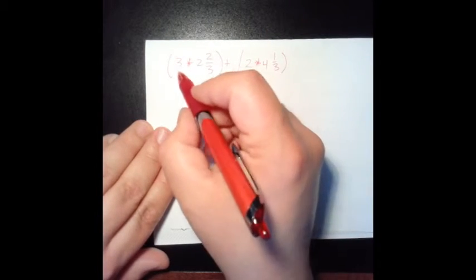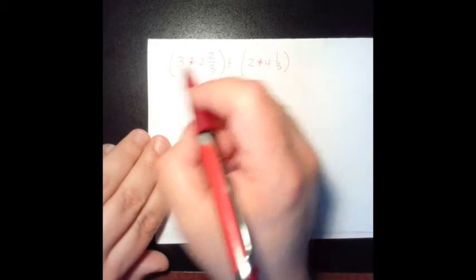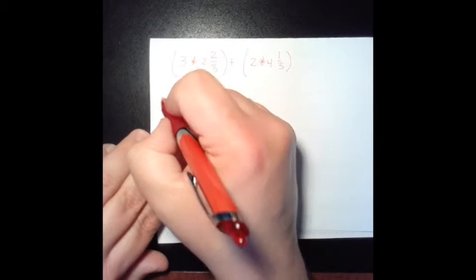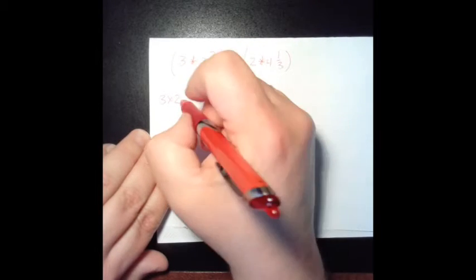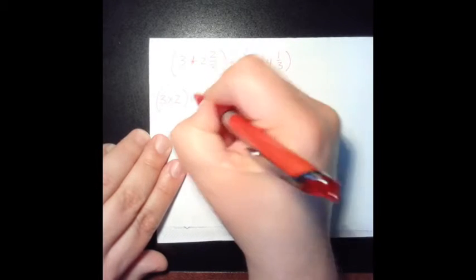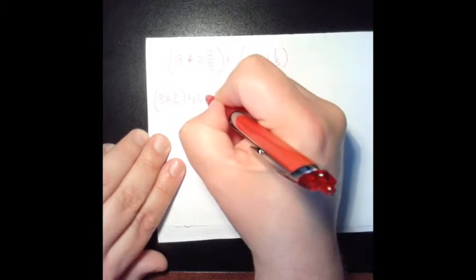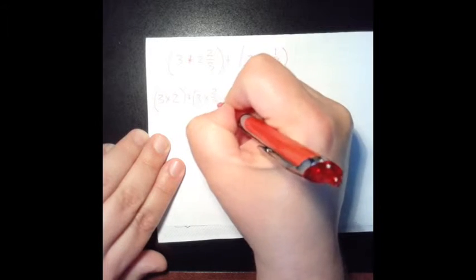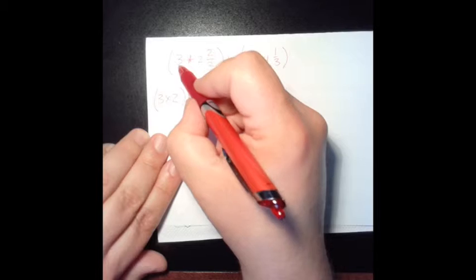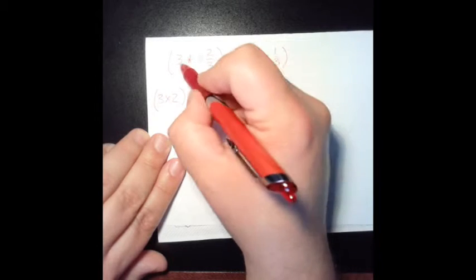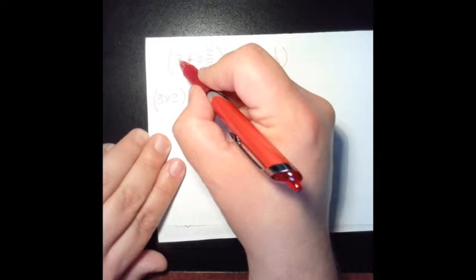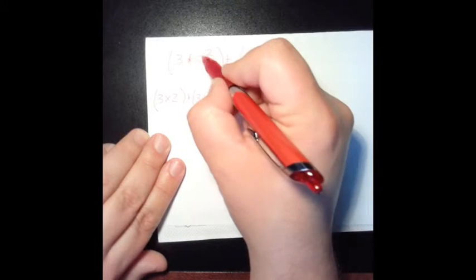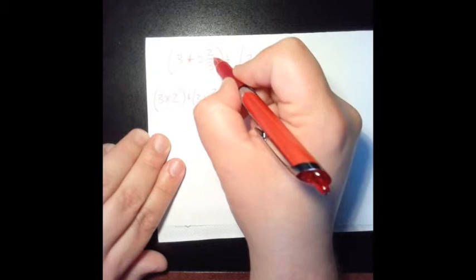So let's start with 3 times 2 2/3. So we know that we go 3 times 2, so we're going to take that 3, pass it out to the 2, and we're going to add that to 3 times 2/3. Because again, when we're multiplying a mixed number and a whole number, we want to take that whole number and multiply it to the whole number and then also to the fraction.